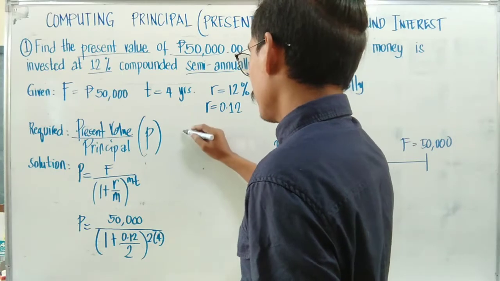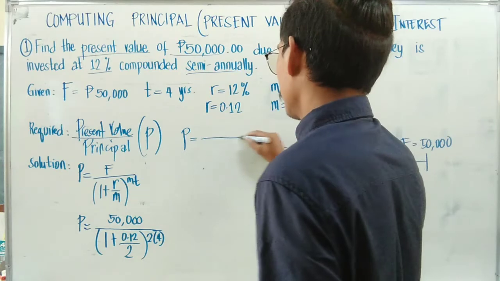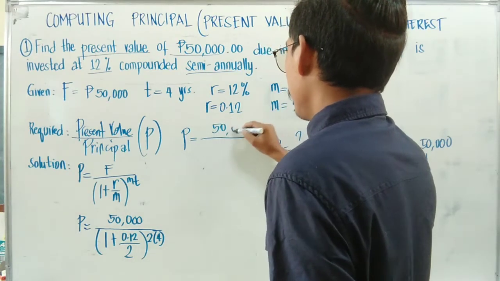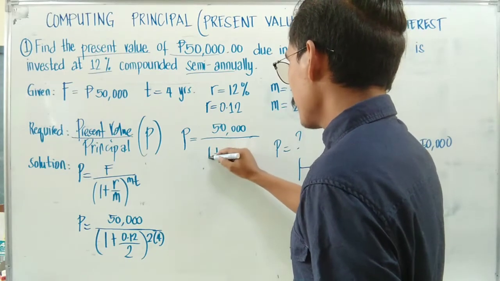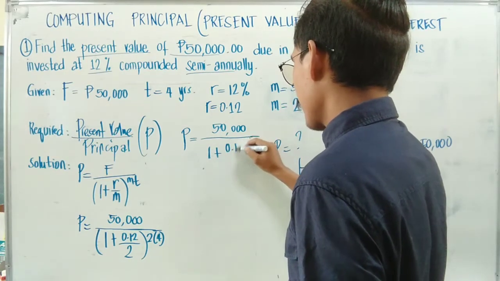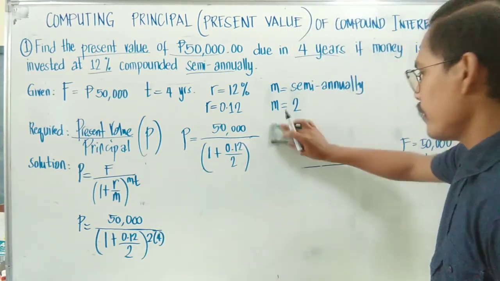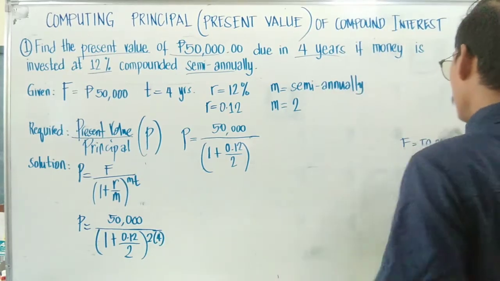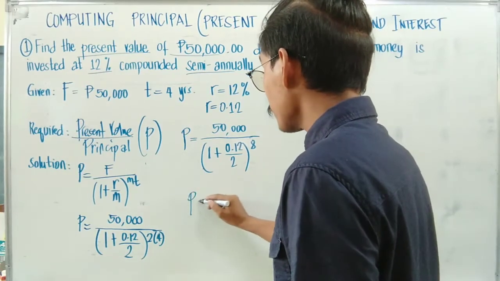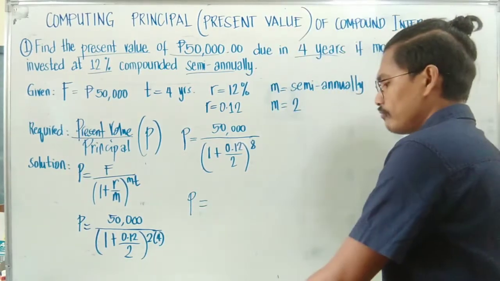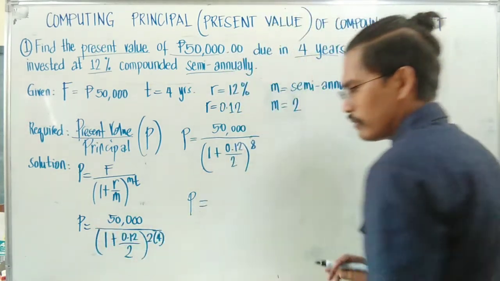So let's write here. We have P. So we have 50,000. Then we have 1 plus, okay, I will summarize this 2 times 4. 2 times 4 is 8. Okay. On your calculators, you can encode or input this thing as it is how it is written.